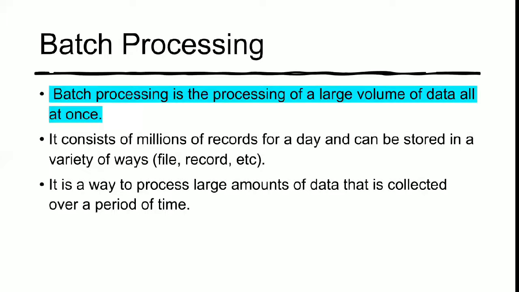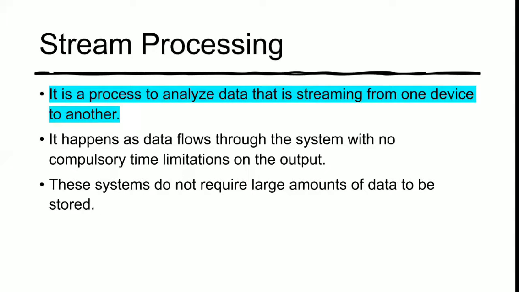Now I will tell you about stream processing. Stream processing is a process to analyze data that is streaming from one device to another. For example, if we are sending data from a wearable watch to an application, that is stream processing.